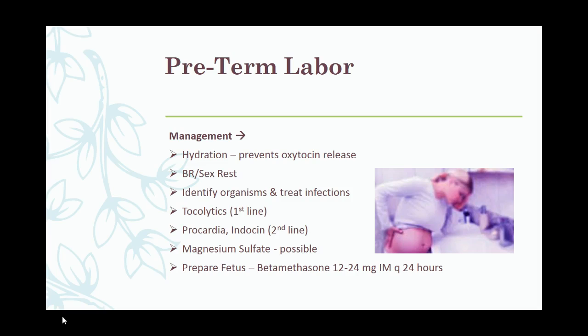So one way we do this is to give mom an IM injection of betamethasone. We give anywhere from 12 to 24 milligrams, and we give her an injection every 24 hours until she delivers. What this does is it helps prepare the baby's lungs to mature so that whenever it's born, it has a better chance of having a good outcome, especially respiratory-wise.